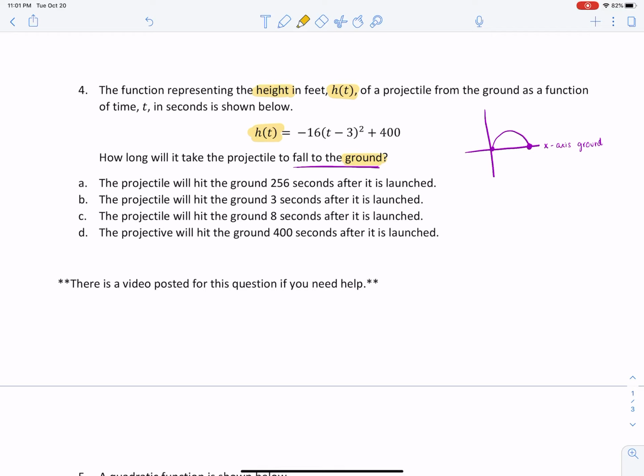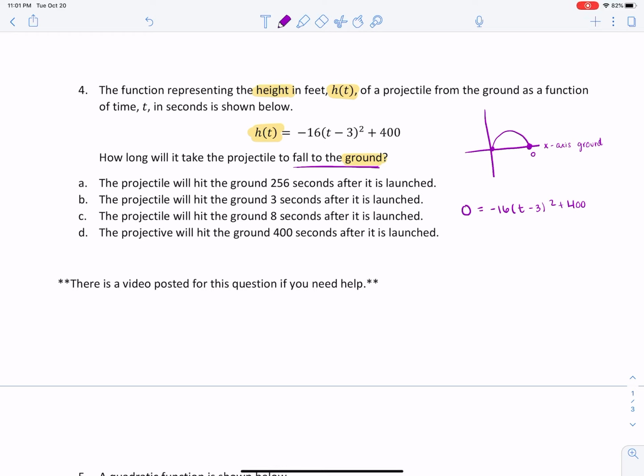If I'm on the ground, then the height at that location is 0. I am 0 feet above the ground. So we're going to take the equation we have, replace h of t with 0, and then rewrite negative 16 times t minus 3 squared plus 400.